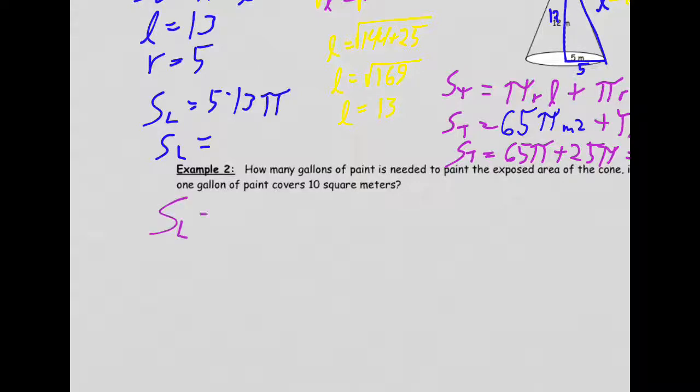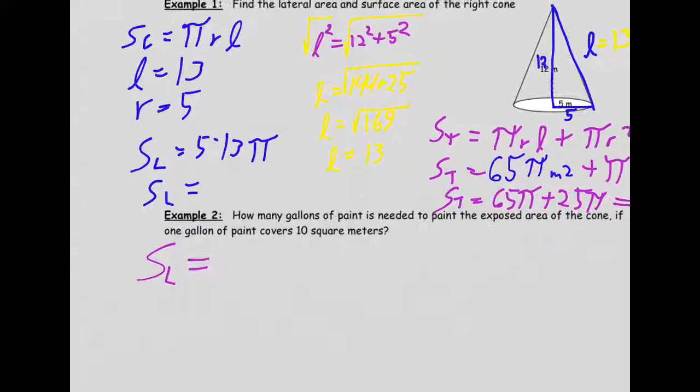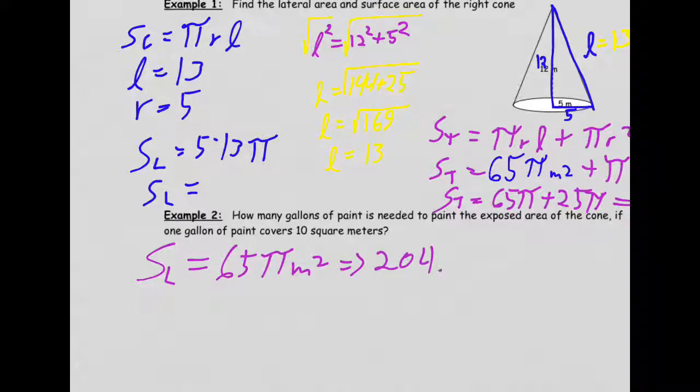And so, my lateral surface area, I already know this: 65 pi meters squared. Now for this, I actually have to enter this into my calculator. So I get 65 times, using the pi button, approximately 204.204.